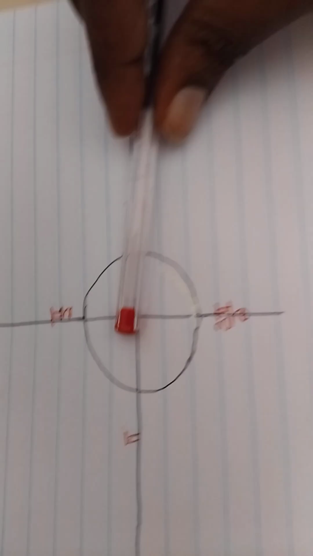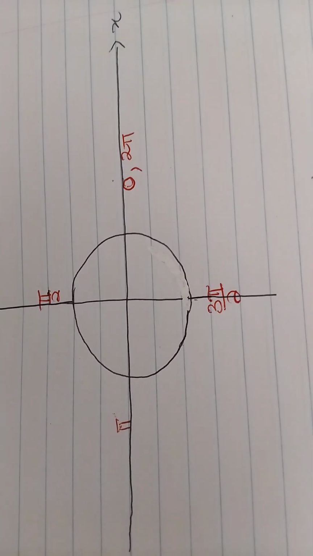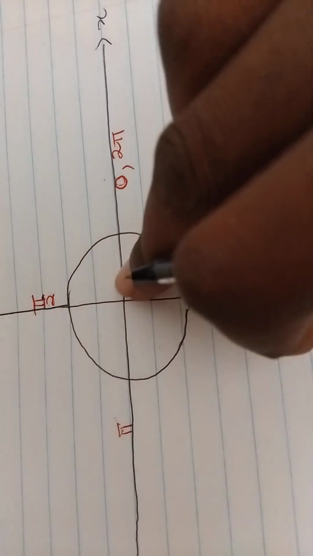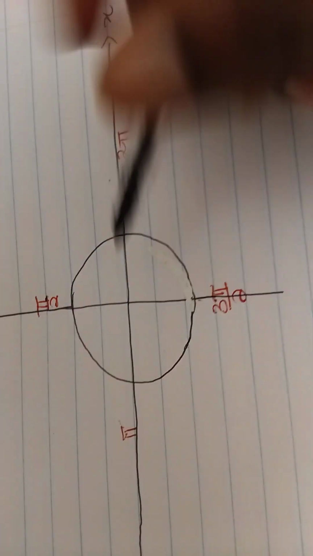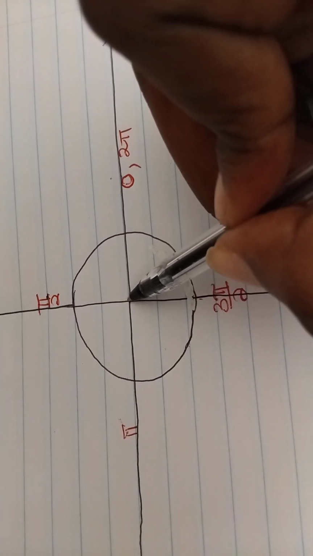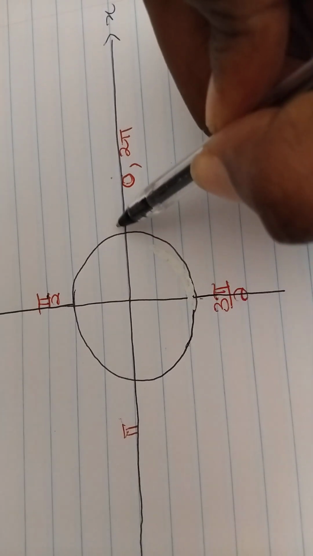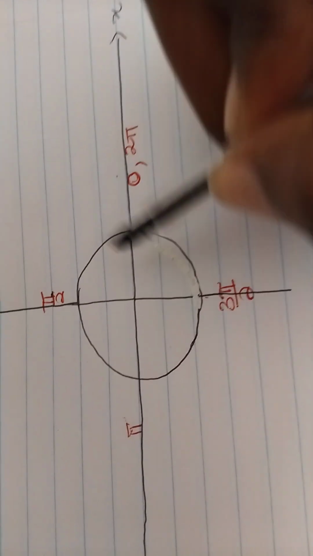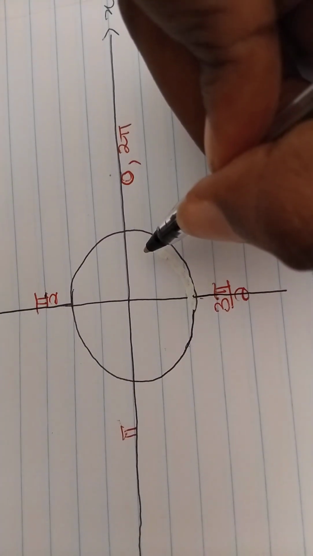And we said earlier that, because remember this is a unit circle and we have a center here at 0, 0, this says to us that the distance from the center to the circumference is 1. The radius will always be 1. That should be noted.